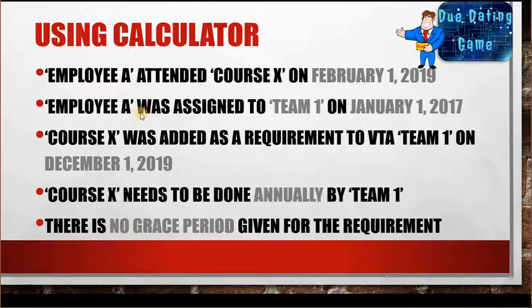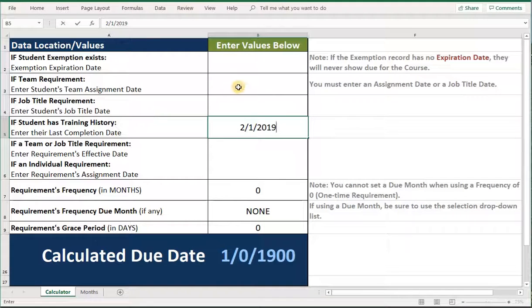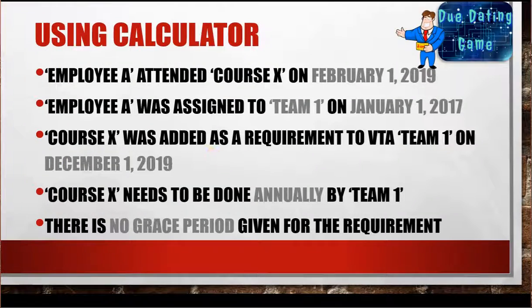The second thing we know is that they were assigned to the team on January 1st, 2017. That means they have a team assignment date of 1/1/17. We know that the course was added to the team on December 1st, 2019.